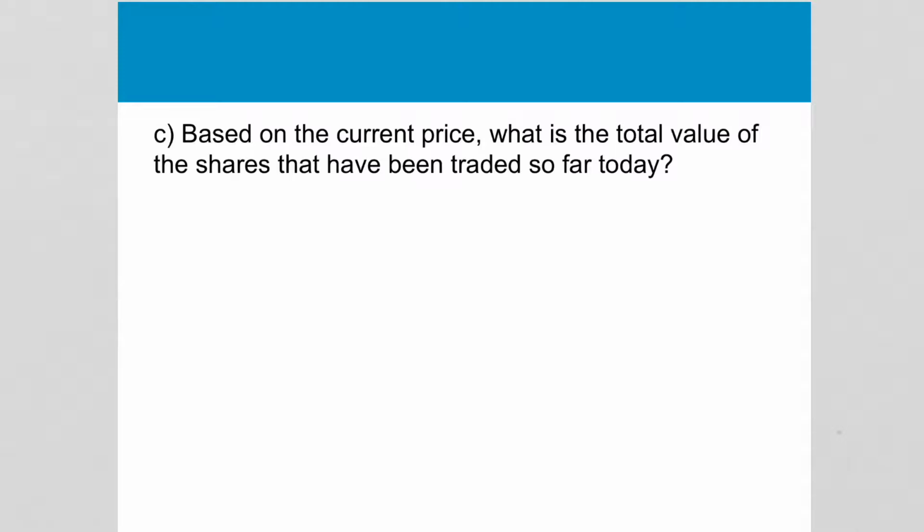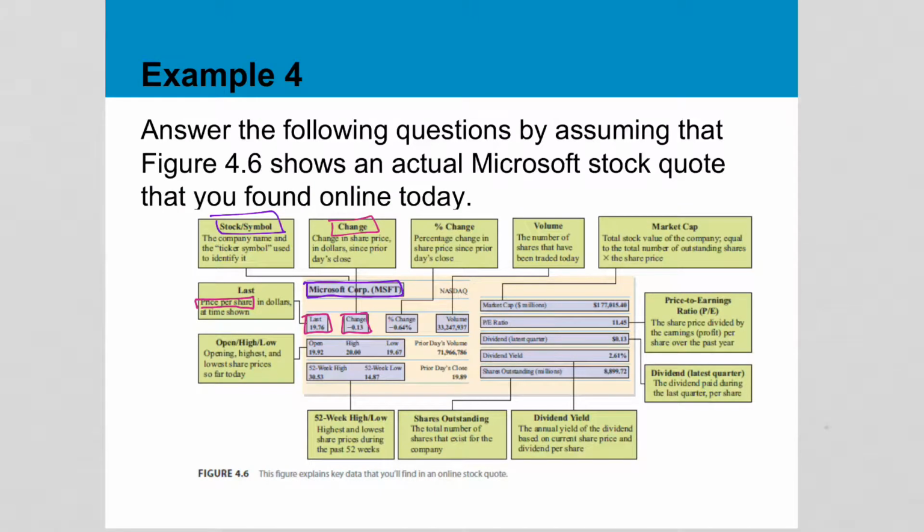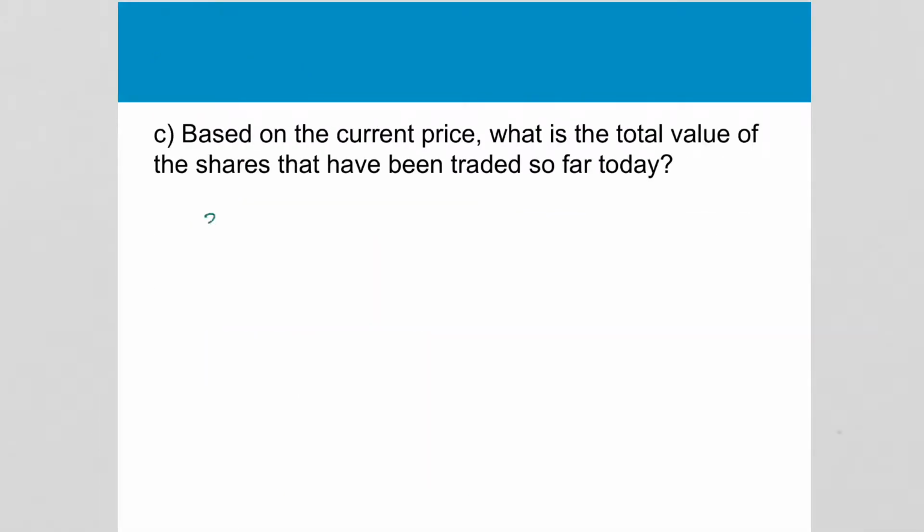Based on the current price, what is the total value of the shares that have been traded so far today? So first we need to look for how many shares were traded today. That's the volume, the number of shares that have been traded per day. So here it is. 33,247,937 shares traded today.